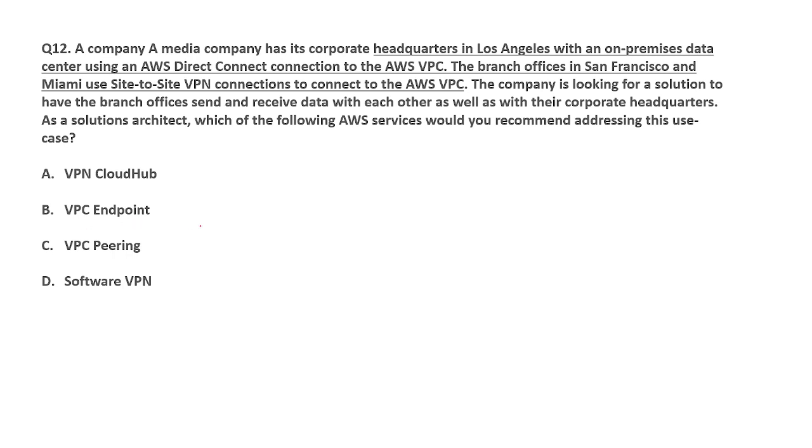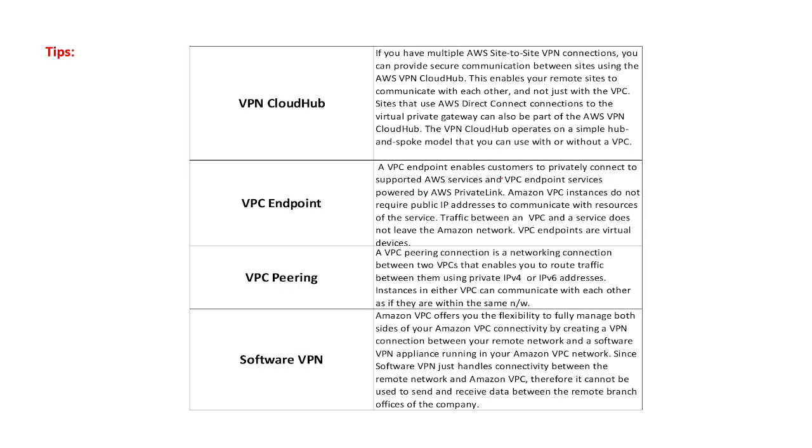VPC endpoint is mostly used to privately connect to AWS services from the VPC. There are two types of VPC endpoints: gateway endpoints and interface endpoints. Gateway endpoints are used for the S3 service as well as DynamoDB because they are free of charge, so we will not get any bill.